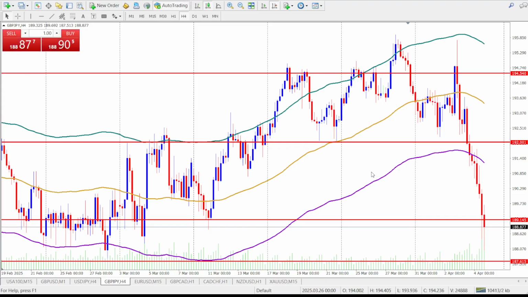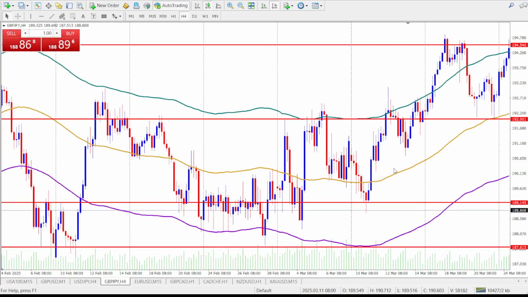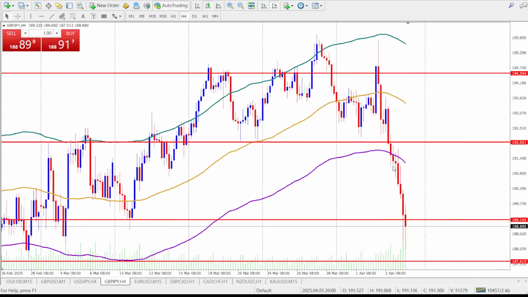This combination of tools will help confirm the signals you get from the ATR bands, increasing the probability of successful trades. Also, keep in mind that the ATR bands can be used for different trading styles. Whether you are a scalper, day trader, or a swing trader, this indicator can adapt to your approach and give you valuable insights into market conditions.